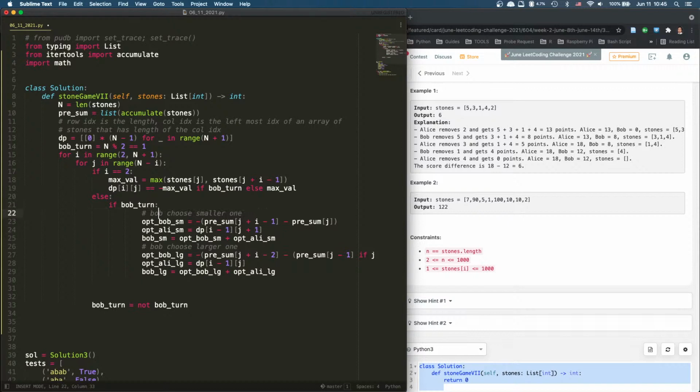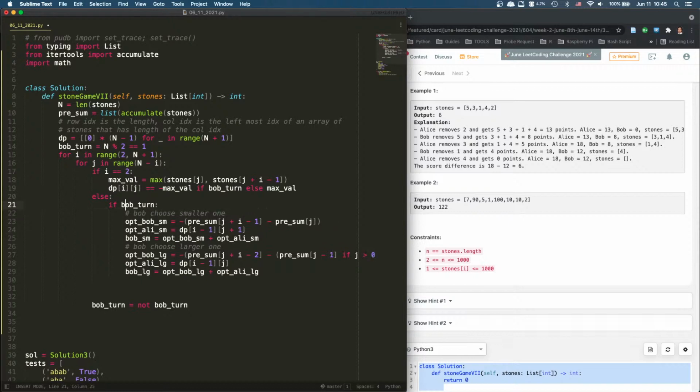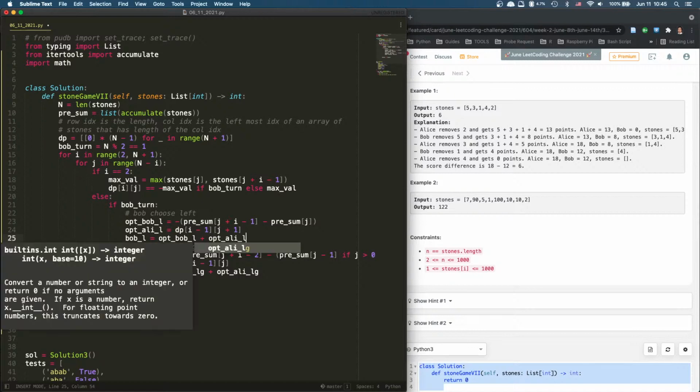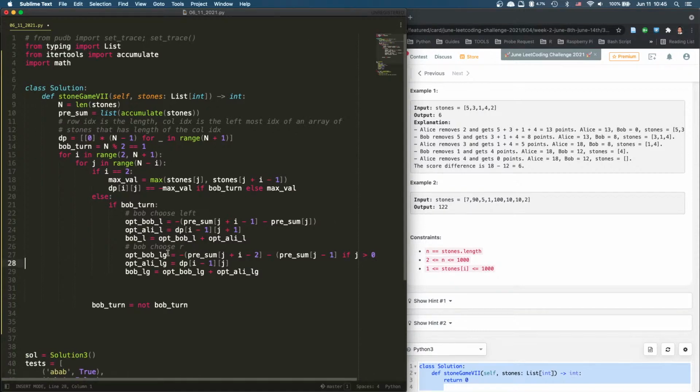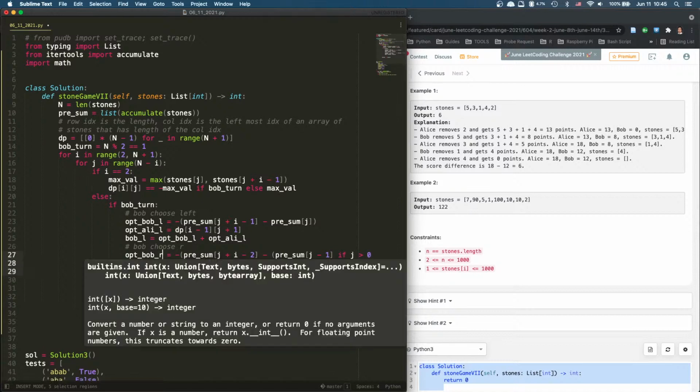So Bob choice 1, right? So Bob choose left. There we go. Bob choose left. And this is going to be L. Bob choose left, right? So Bob left is going to equal to left and left. And this is Bob choose right. It doesn't matter large or small. If Bob choose left or Bob choose right. And all of this is going to be right.